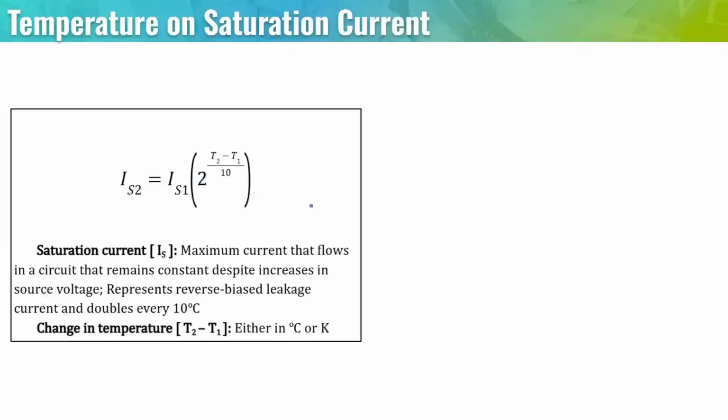So first of all, the saturation current doubles for every 10 degrees Celsius change in temperature. So, for example, if you are at 20, 30, and 40 degrees Celsius, then for every 10 degrees Celsius, it's going to double the saturation current.